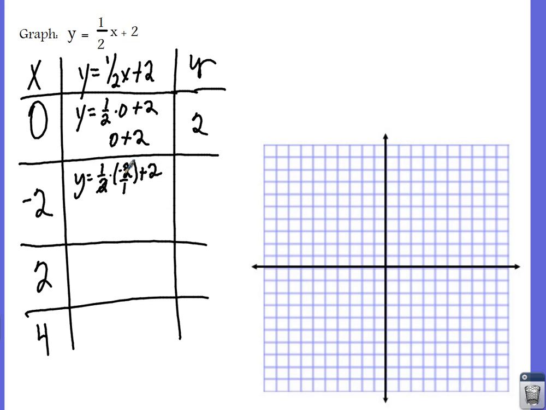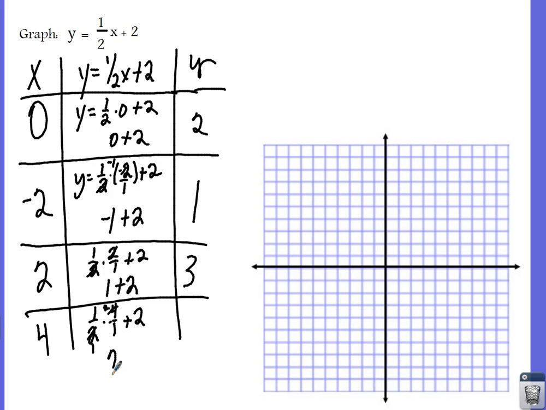So these cancel, and I end up with -1 plus 2. That gives me a +1. Then I get 1/2 times 2 plus 2. Those cancel. I get 1 plus 2, which gives me 3. And the last one, 1/2 times 4 over 1 cancels out. Don't forget your plus 2. So I get 2 plus 2, which gives me 4.